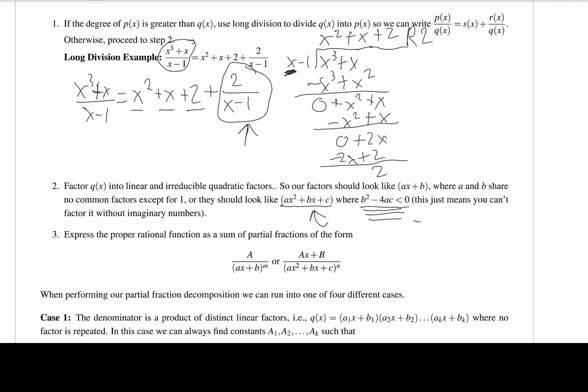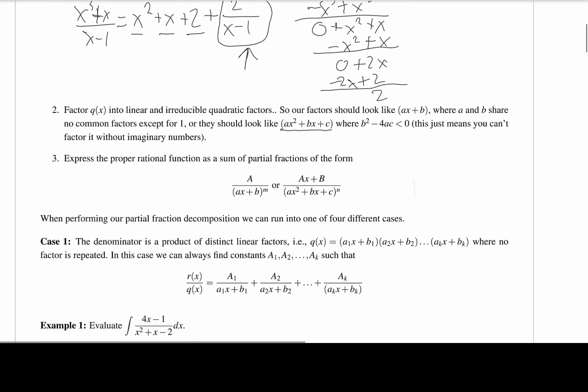So remember the quadratic formula, negative b plus or minus the square root of b squared minus 4ac all over 2a, right? That's my beautiful singing voice. So if this part right here is less than 0, then you're trying to take the square root of something that's negative, and this just isn't going to work. So this is what I mean by irreducible.